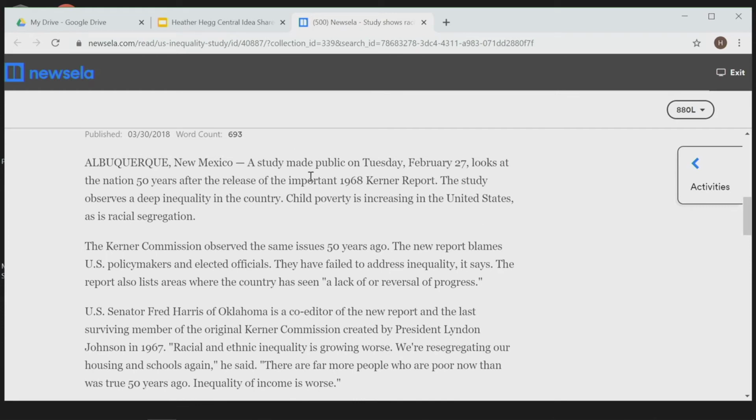A study made public on Tuesday, February 27th, looks at the nation 50 years after the release of the important 1968 Kerner Report. I was born in 1968. The study observes a deep inequality in the country. Child poverty is increasing in the United States, as is racial segregation.